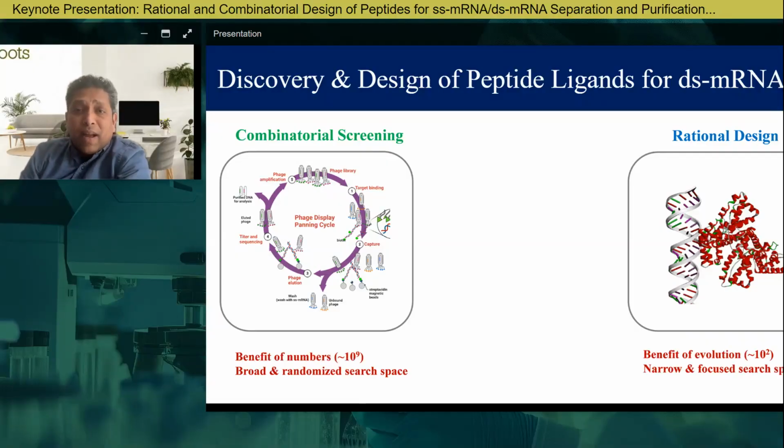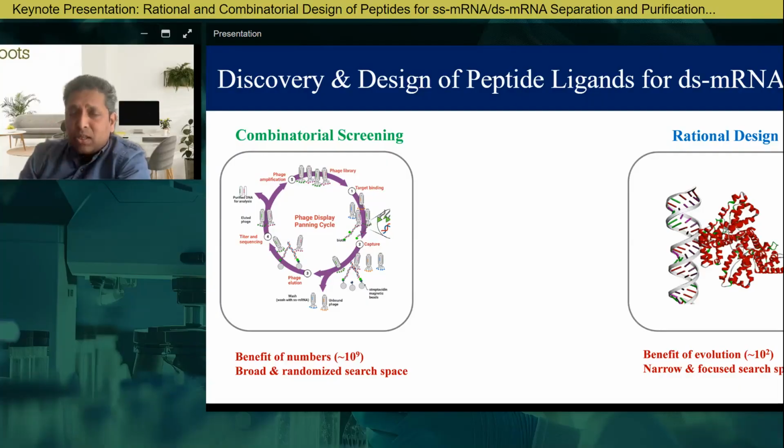Now, the advantages of each of these methods are somewhat orthogonal. If you're doing combinatorial screening, you're looking at the benefit of numbers, the power of numbers. We can employ libraries like phage, yeast, E. coli, ribosomal display, and we can test libraries in a single screening that have a diversity of anywhere from 10 to the 6 to 10 to the 11.